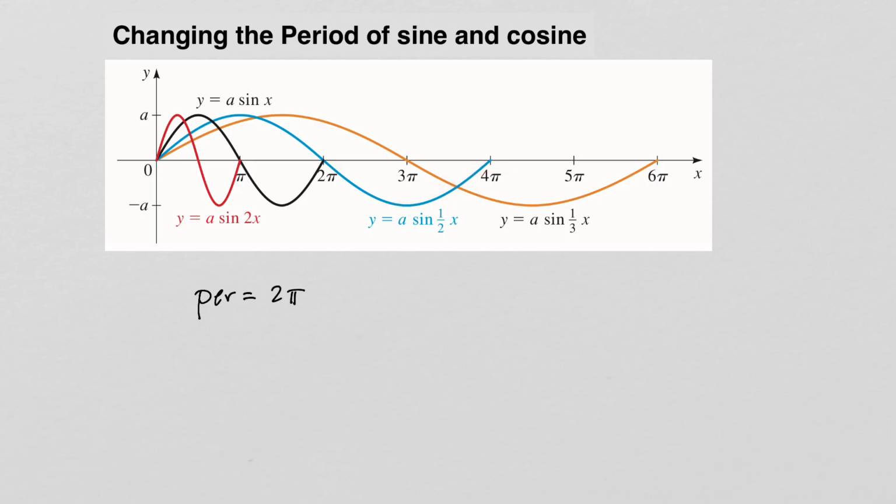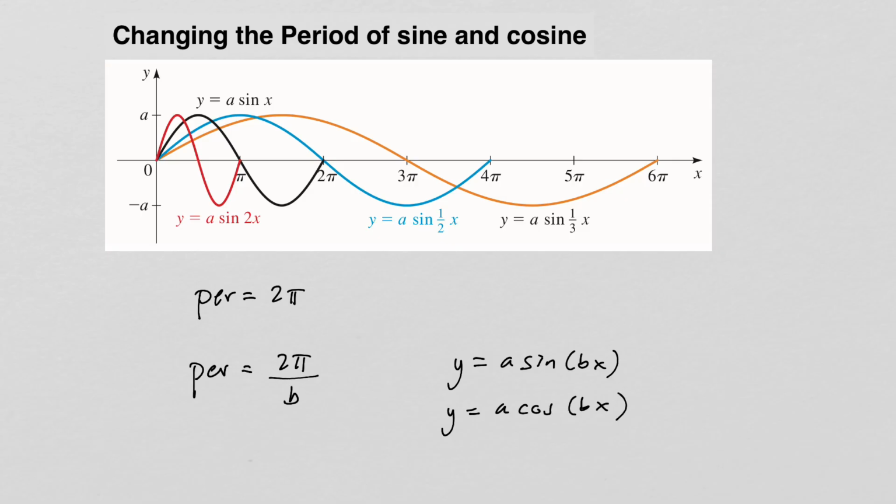So we can actually find the period by taking 2 pi and dividing it by the number b, which is the number in front of x if you consider y equals a times the sine of bx. The same thing is true for cosine as well. So both of these would have a period of 2 pi divided by b. And technically it's supposed to be the absolute value of b because it is possible for b to be negative, but that's a detail.